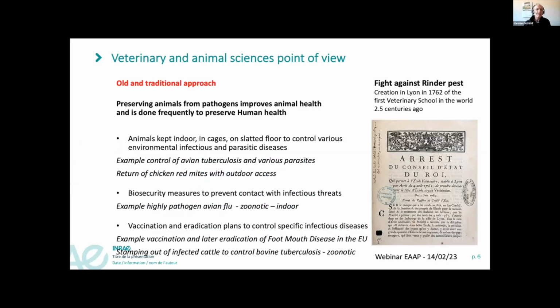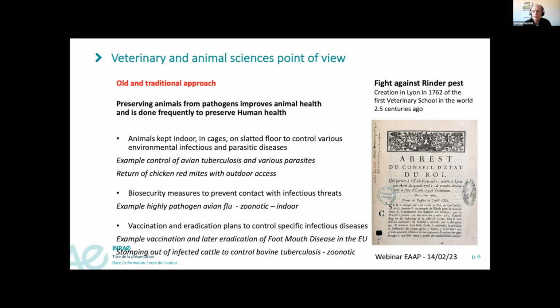If we start with the veterinary and animal sciences point of view, it's in fact a very old story, because the traditional approach to preserving animal health is to fight against pathogens and have pathogen control. This was done for animal diseases that are very important economically, but also frequently to preserve human health.